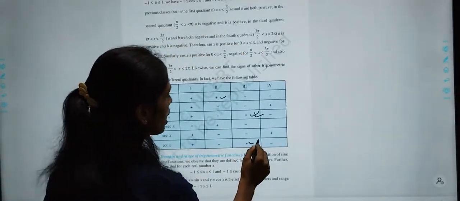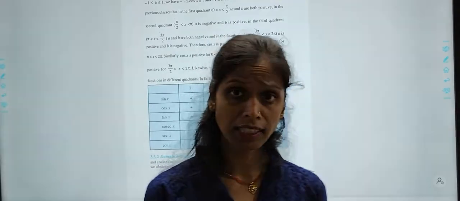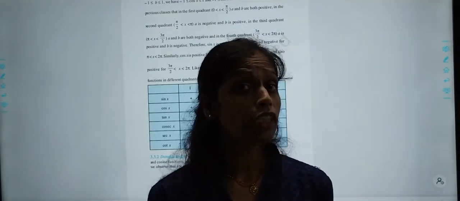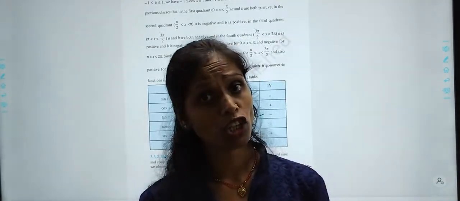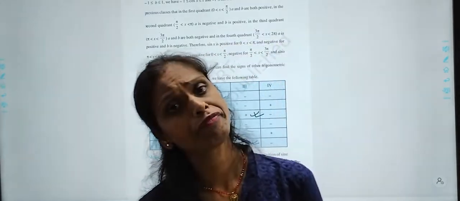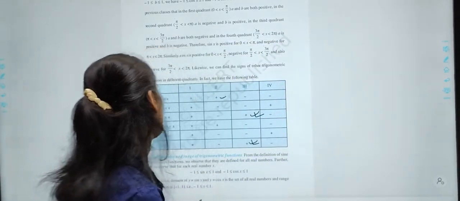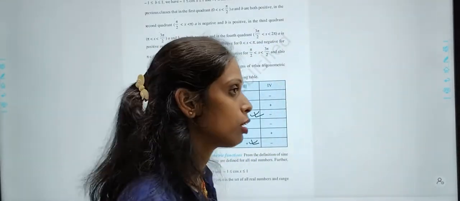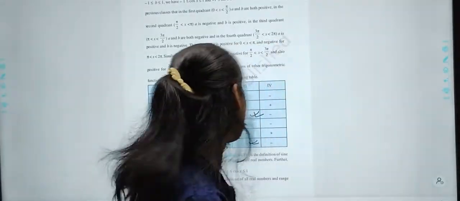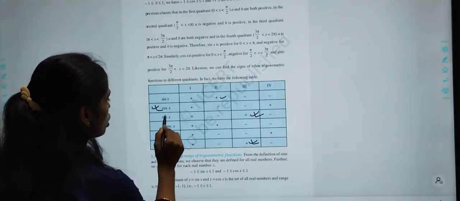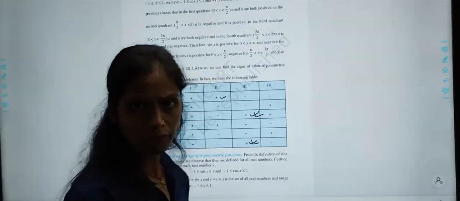Tan theta and cot theta, as you know very well, the opposite of sin theta is cosec theta, the opposite of tan theta is cot theta, and the opposite of cos theta is sec theta. That's why cos theta will be positive, sec theta will be positive, and the rest of that will be negative.